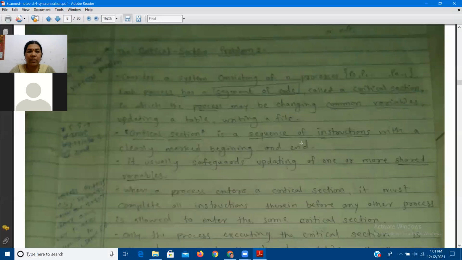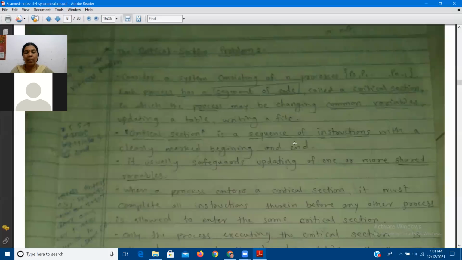Yesterday we discussed the producer-consumer example, and we discussed two solutions. The first solution had a small disadvantage: one position of the memory was not utilized properly, and that's why we went to the second solution. In the second solution they use the counter variable.